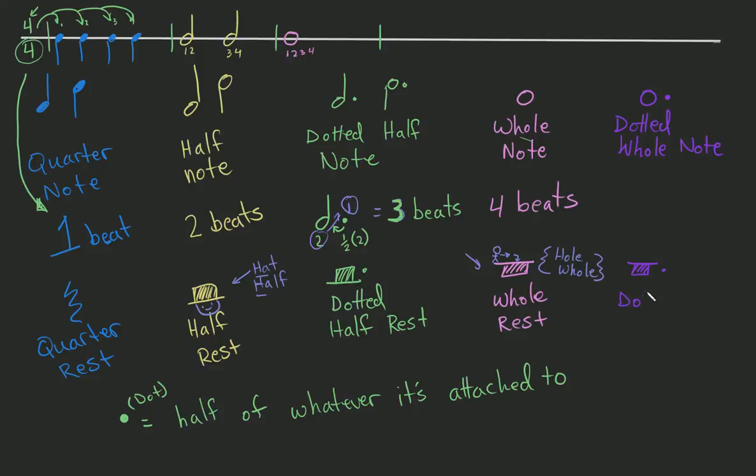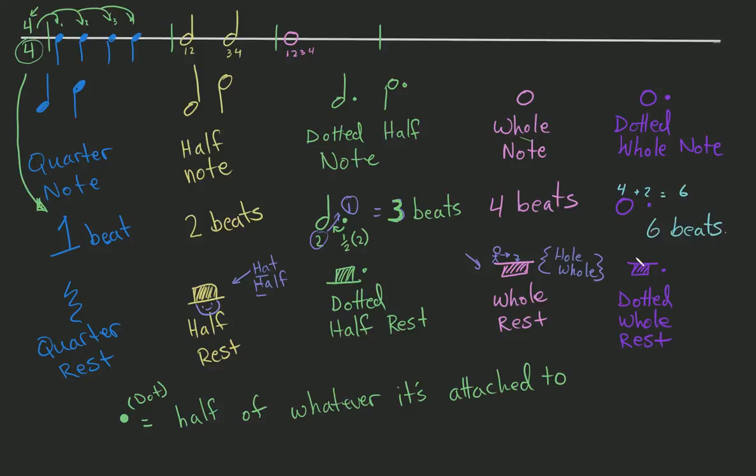Dotted whole rest. Now you might be doing the math in your head already, but let's go together anyway. This one, of course, equals 4 because whole notes equal 4. This one equals half of 4, so that equals simply 2. 4 plus 2 equals 6. So a dotted whole note equals 6 beats.